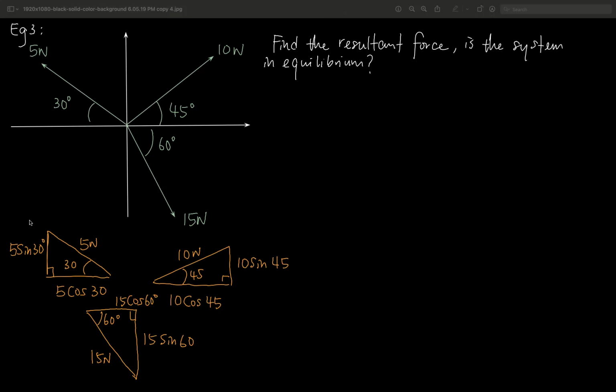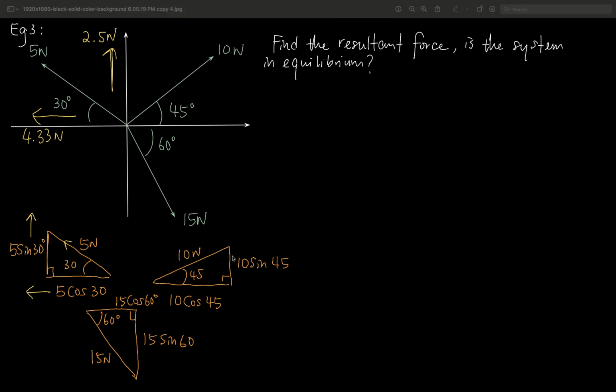Okay, then you put it here. This is the upward force. The 5 cos 30 is to the left. Direction is very important. See this one, upward. How much is this? 5 sin 30, which is 2.5 Newton. And then to the left, this one, 5 cos 30, is 4.33 Newton.